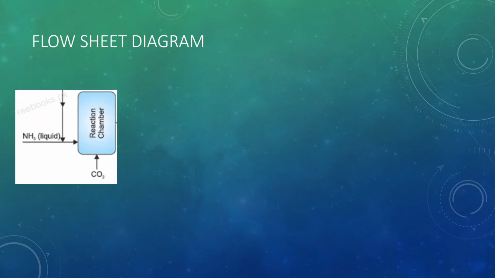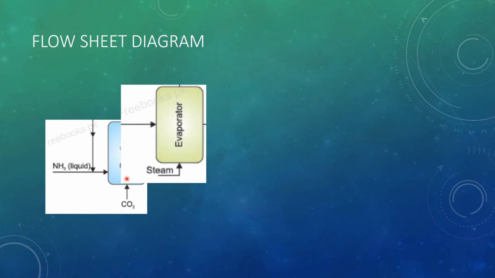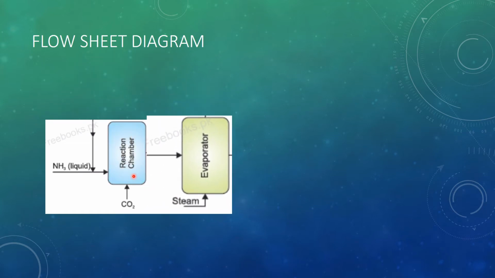Here the flow sheet diagram of urea is given. In the first step, as I have told you, in the formation of ammonium carbamate, liquid ammonia and carbon dioxide are mixed together and change into ammonium carbamate, and then it is evaporated with the help of steam.